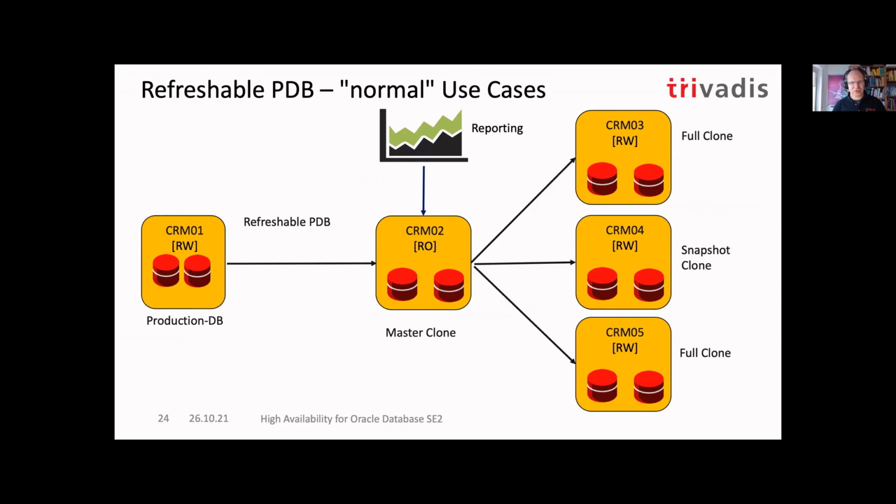As mentioned, it can only be opened read-only, so you can use it for reporting, and as a master for additional clones like CDB3 on the top, full clone, or snapshot clones. And the idea is that all these additional clones do not need to access the master database or production database, so there's less I/O on the production system.